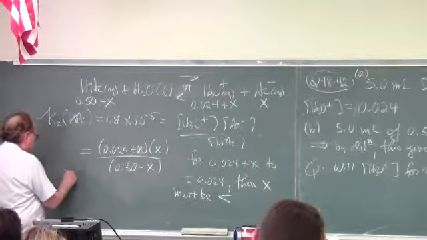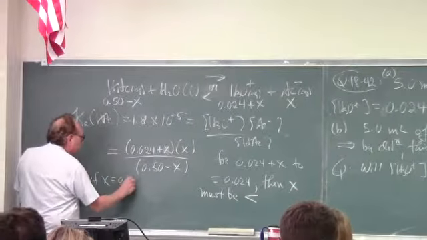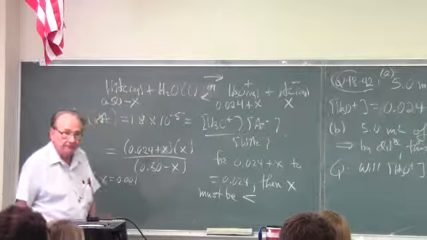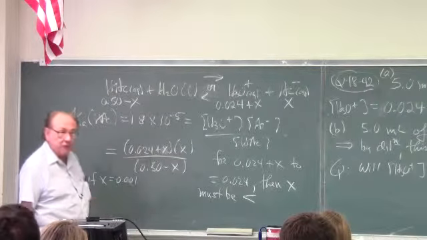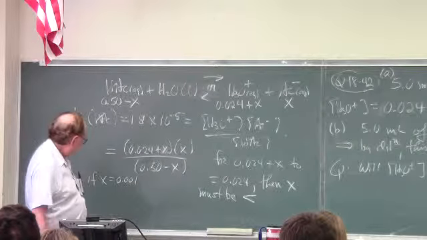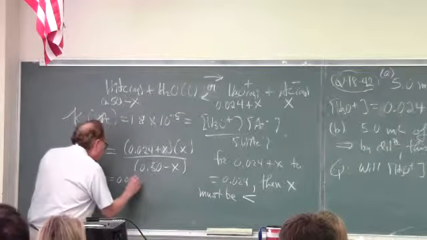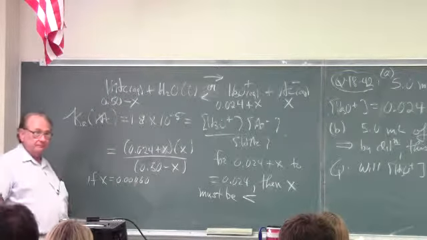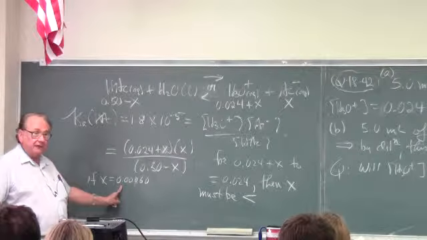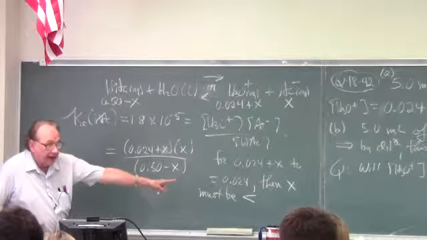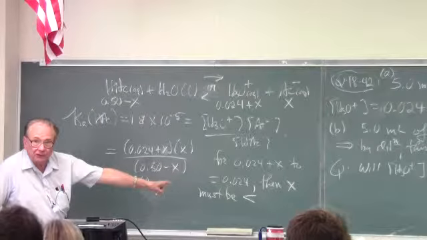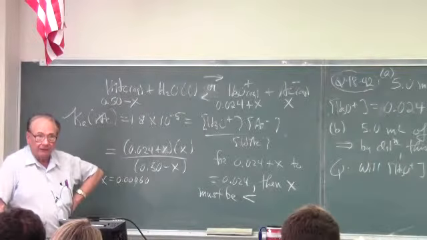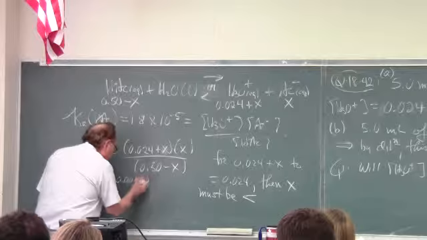For example, if X equals 0.001, does 0.024 remain the same? No, then it becomes 0.025, doesn't it? All right. What if X equals 0.00060? Will this value for X, on being added to 0.024, cause 0.024 to become 0.025? Yeah. All right. But what if X is this?